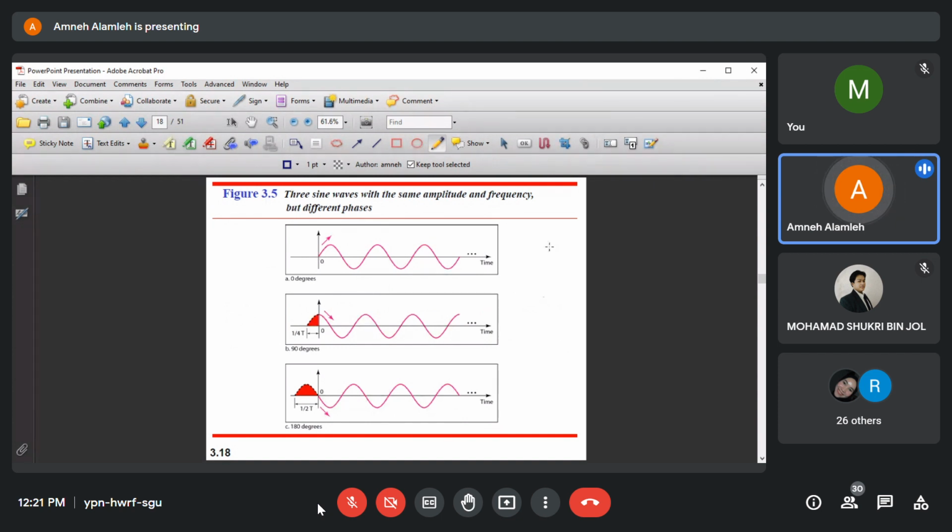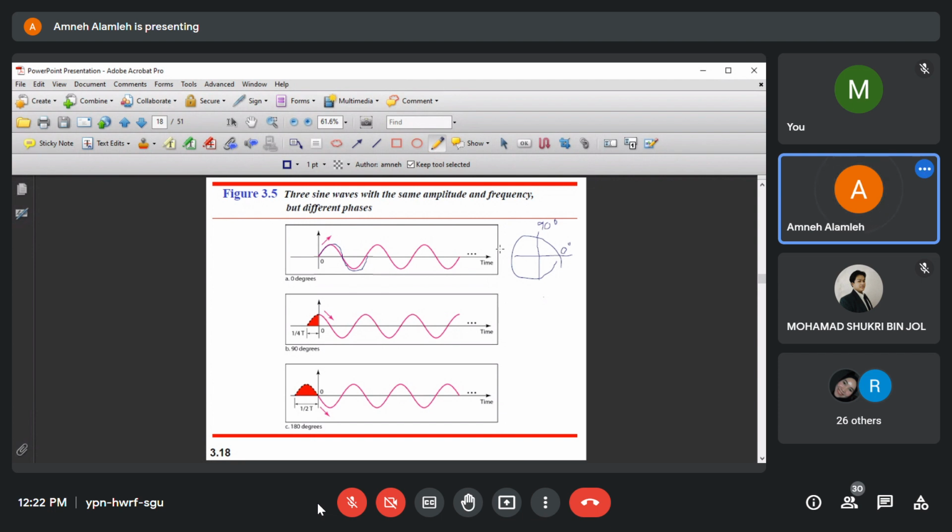We can represent the wave in another form, so it is represented by one cycle. Each one of these waves can be represented by one cycle, starting at 0. This is 0 degrees. This is 90 degrees.